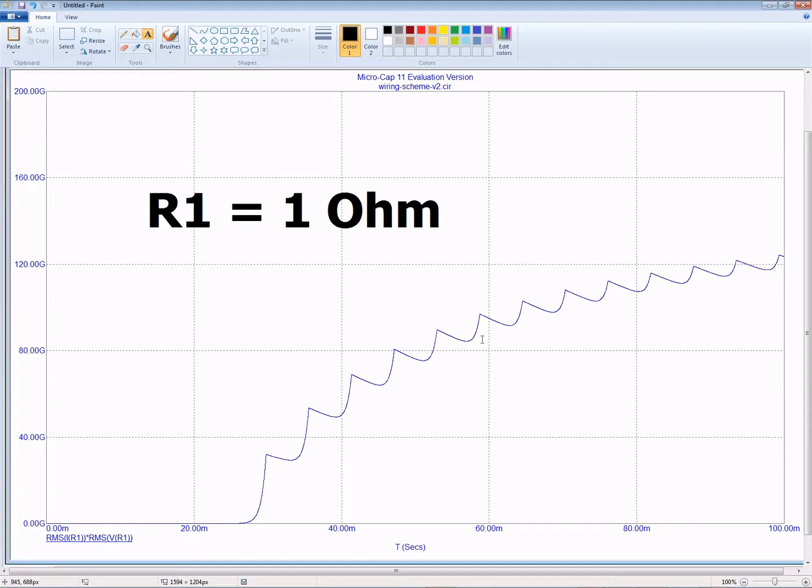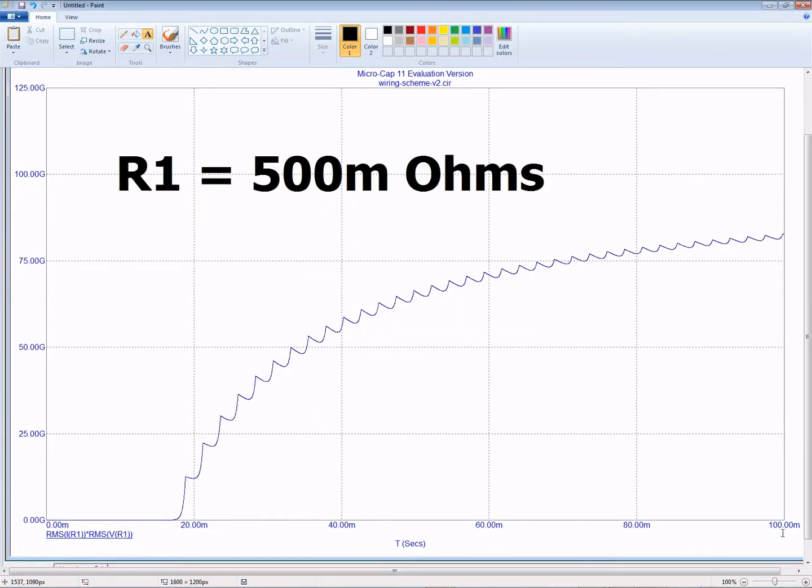So you get a general idea of the frequency of the spark gaps firing per 100 milliseconds at 1 ohm. Now let's go to 500 milliohms. The frequency is much higher and the wattage is lower. It's just slightly above 75, it might be 80, 85 gigawatts.